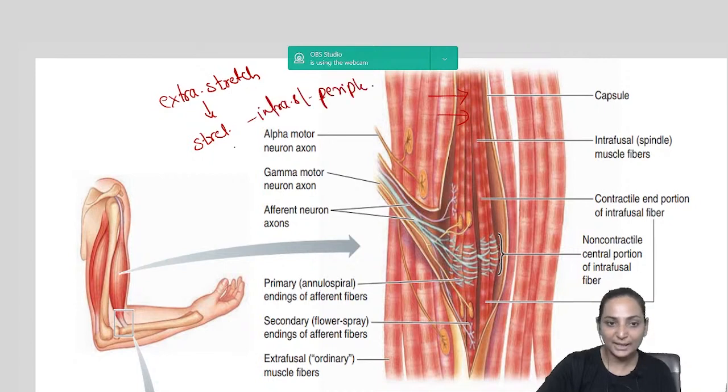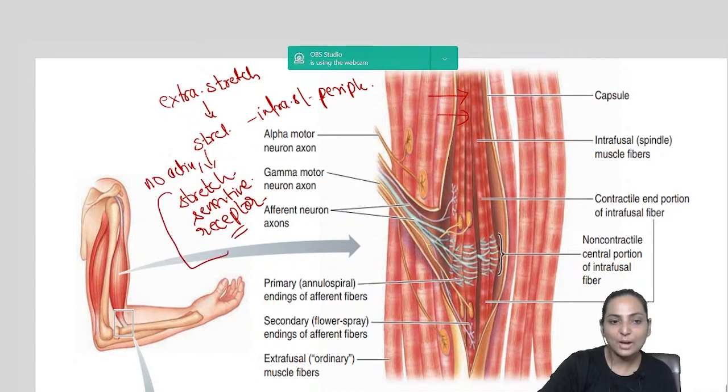And this stretching is going to then stimulate this central portion, which is behaving as a stretch sensitive receptor, purely a stretch sensitive receptor, where there is no contractile component, that is no actin and no myosin, right?